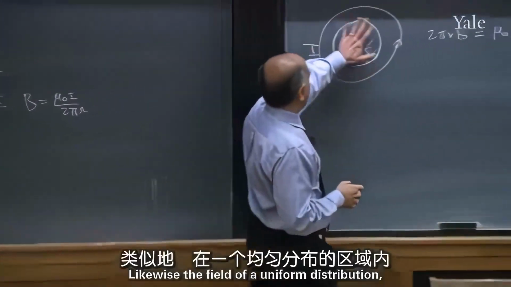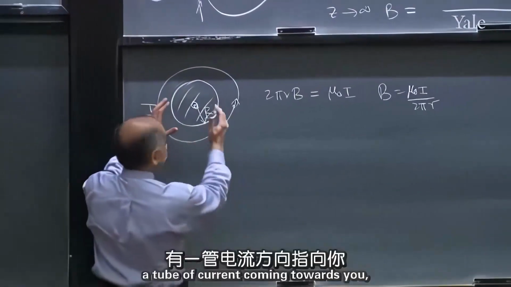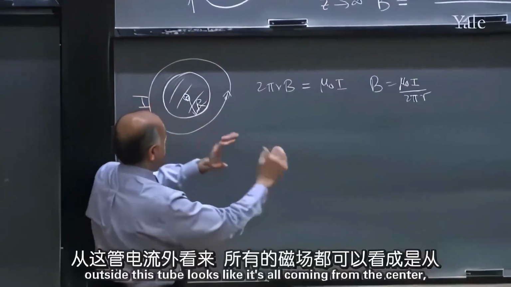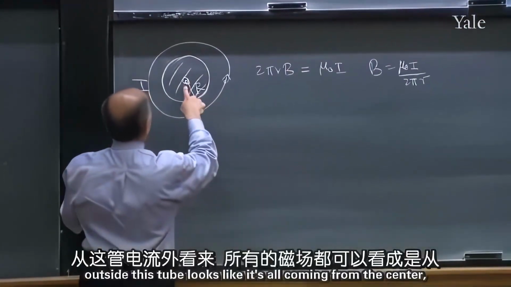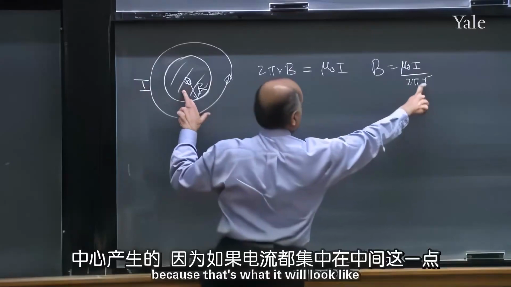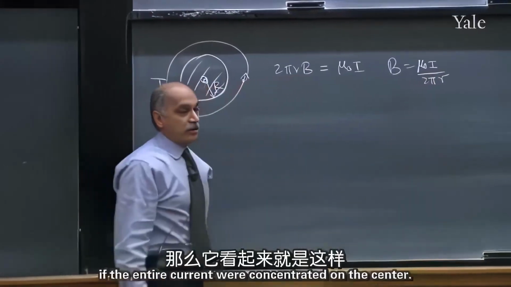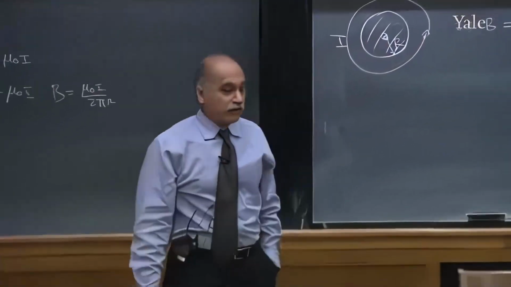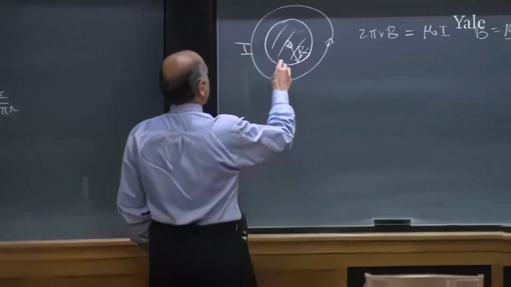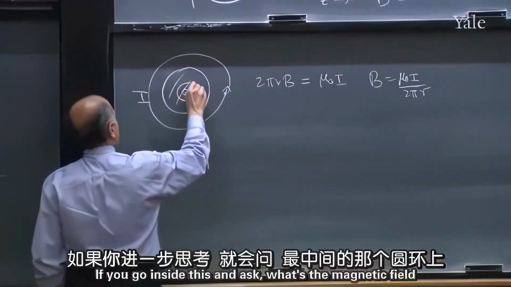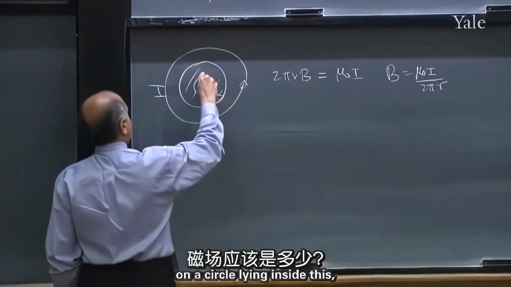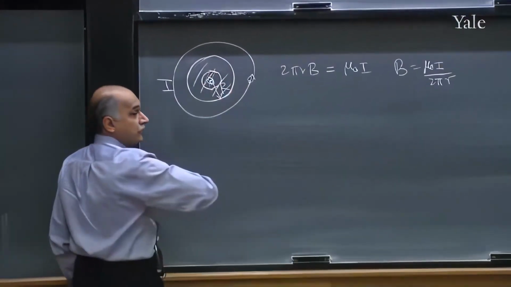Likewise, the field of a uniform distribution, a tube of current coming towards you, outside this tube looks like it's all coming from the center, because that's what it would look like if the entire current were concentrated at the center. But you will see the difference now if you go inside this and ask, what's the magnetic field on a circle lying inside this?